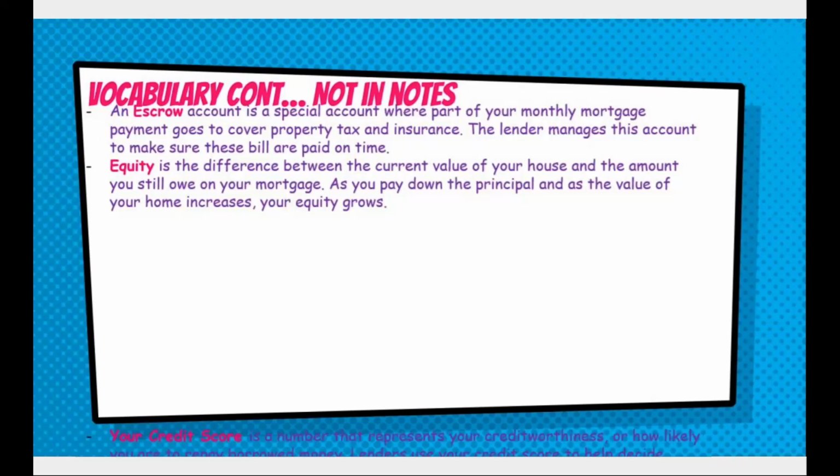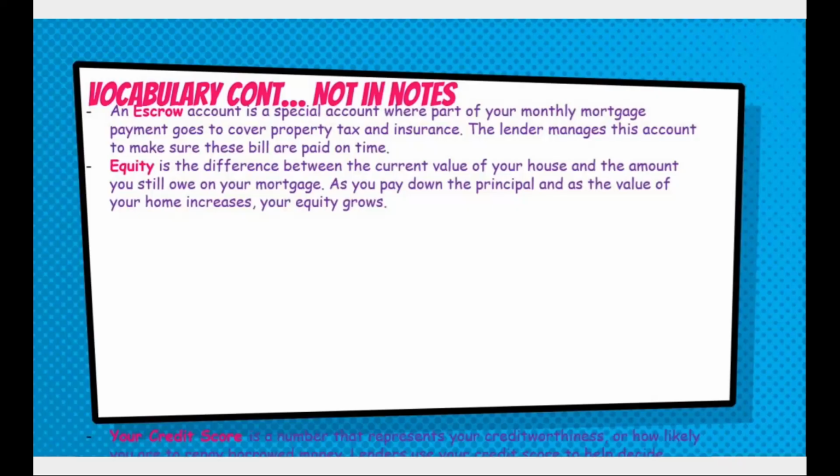And then equity is another important term in real estate, and it's the difference between the current value of your house and the amount you still owe on your mortgage. So think about this: as you pay on a debt, that debt that you owe, as time goes on, should get smaller and smaller. But with real estate, unlike cars, real estate actually typically increases in value.